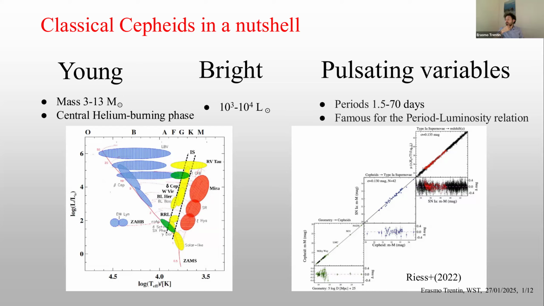In this way, you can build a cosmic distance ladder that will allow you to estimate one of the most important parameters in astrophysics, which is the Hubble constant.